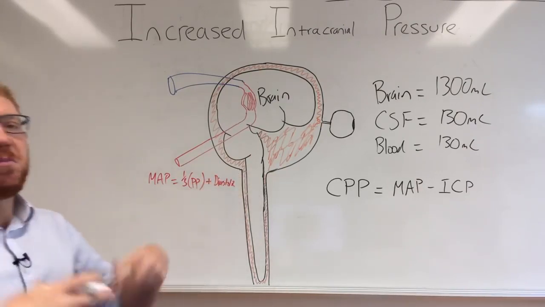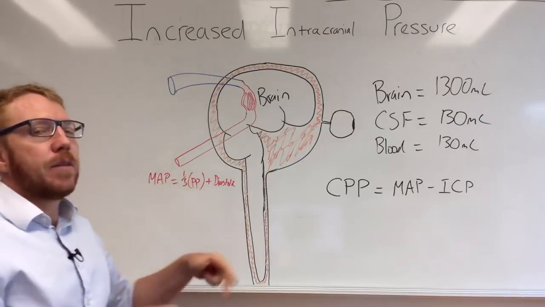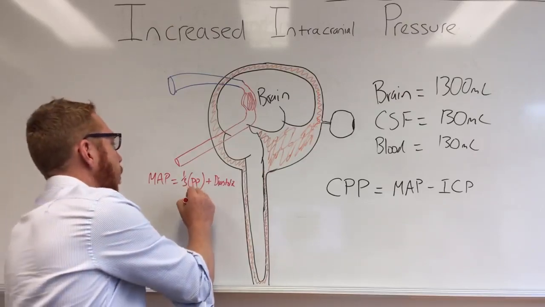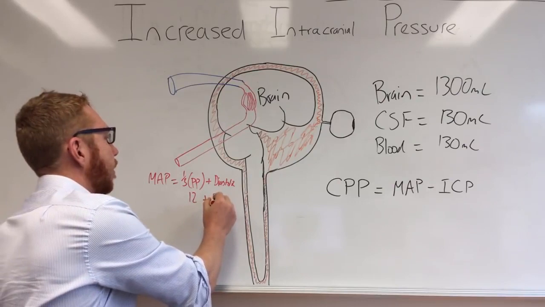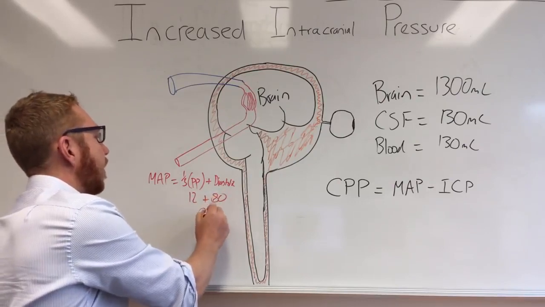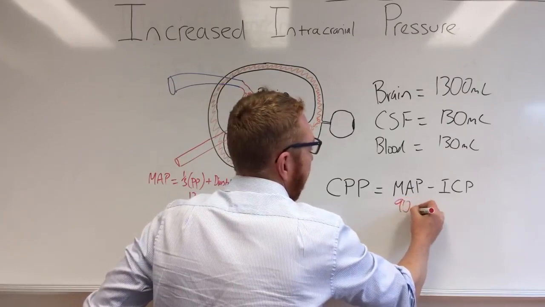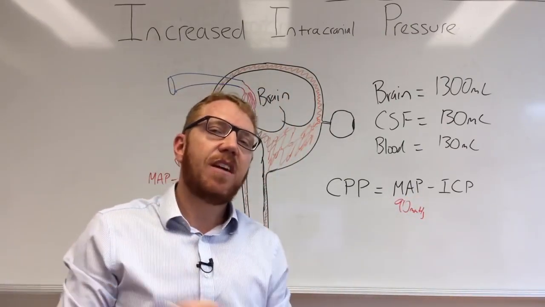So if we were to assume just a standard BP of 120/80, the pulse pressure is going to be 40, and 1/3 of 40 is about 12. Now when you add the diastole of 80, we can see that we're sitting in the range of 90 millimeters. So the MAP should be in that kind of range of 90, or 65 to 110 is a normal range of MAP.